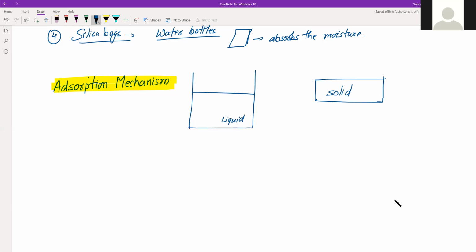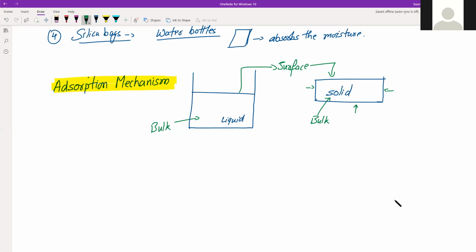In both cases, we say that this part is bulk, and this is surface. And this is also surface. All this is surface, but the inside part will be called bulk.